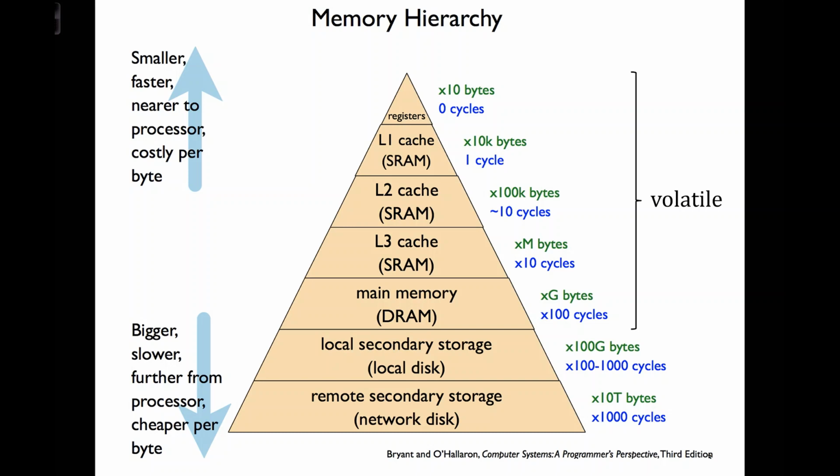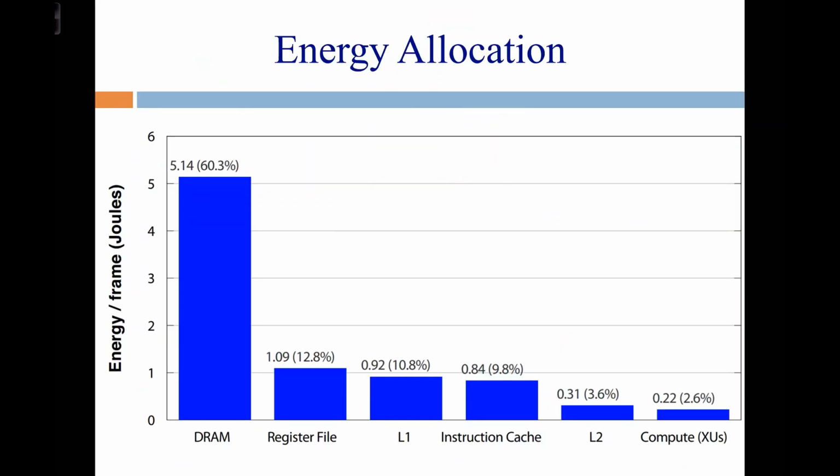So avoiding these slower and further away levels of the memory hierarchy, though, is not just about performance. It's also about energy. So here's a little graph of where energy is spent for a certain program. And it's broken down into the computational units themselves, like adders, multipliers, and so forth, and then everything else is various memories.